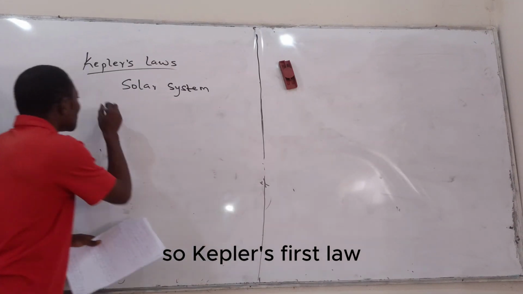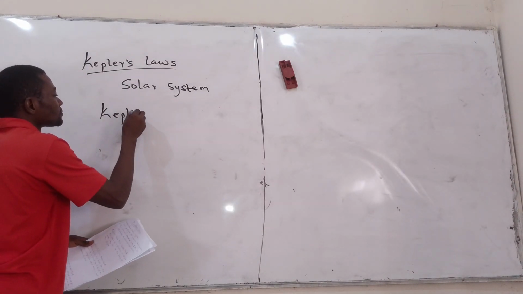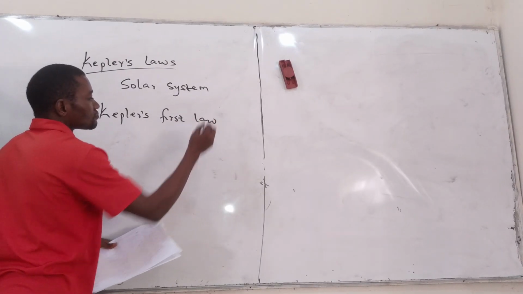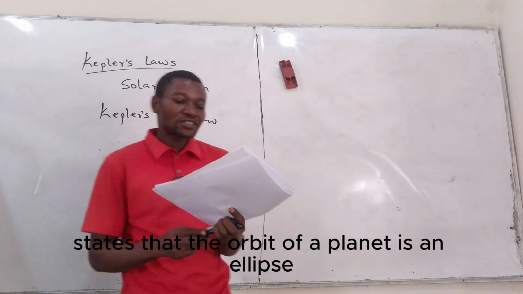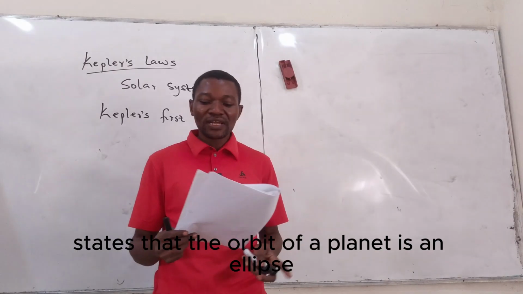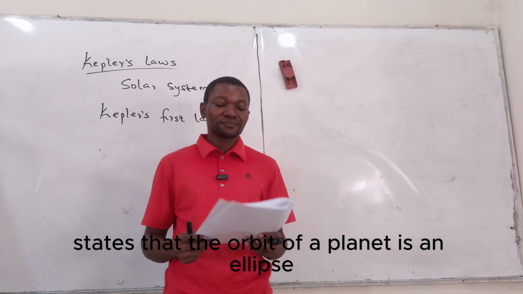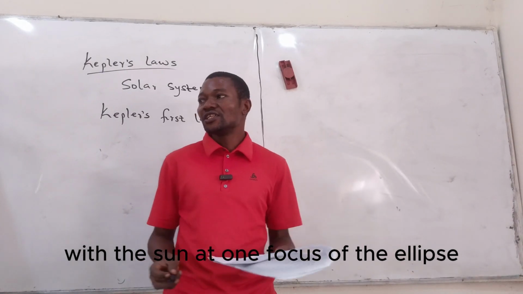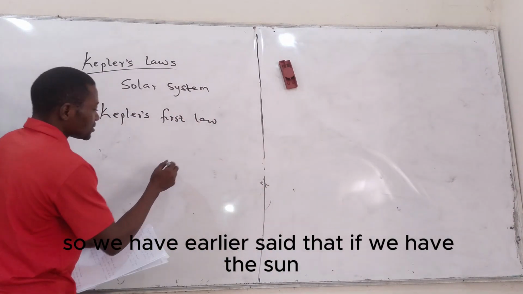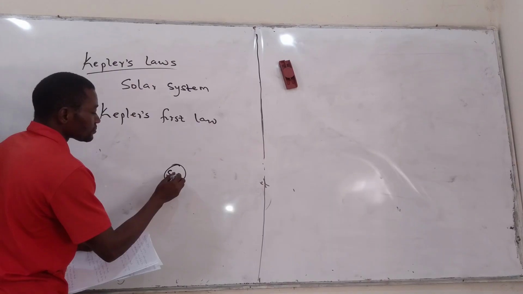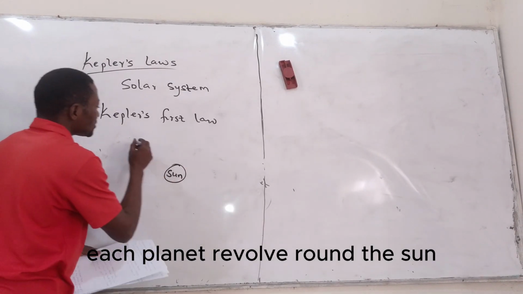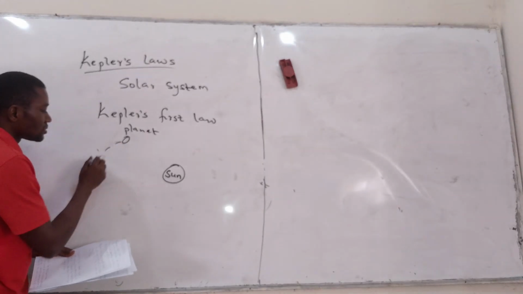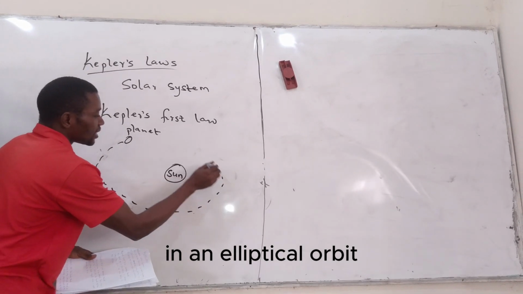So Kepler's first law states that the orbit of a planet is an ellipse with the sun at one focus of the ellipse. So we have earlier said that each planet revolves around the sun in an elliptical orbit.